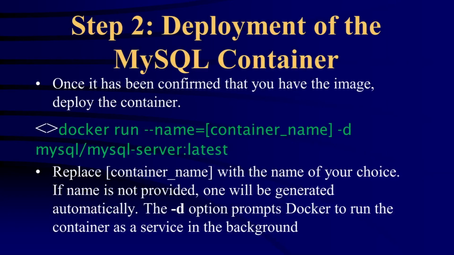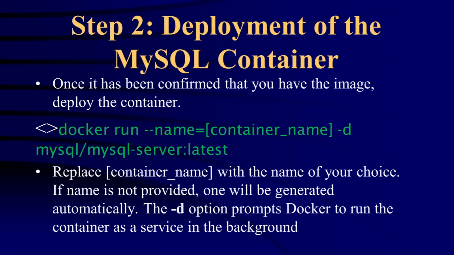Once it has been confirmed that we have the image, we are going to go ahead and deploy this container. How are we going to deploy this container? I'm going to do a Docker run, and you're going to run the container name, MySQL, and the latest.